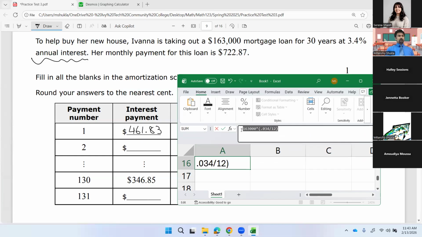Okay. And we do see that here. And it gives us 461.83.